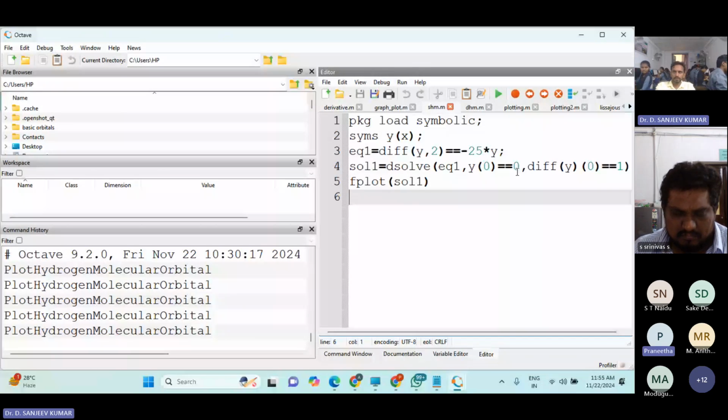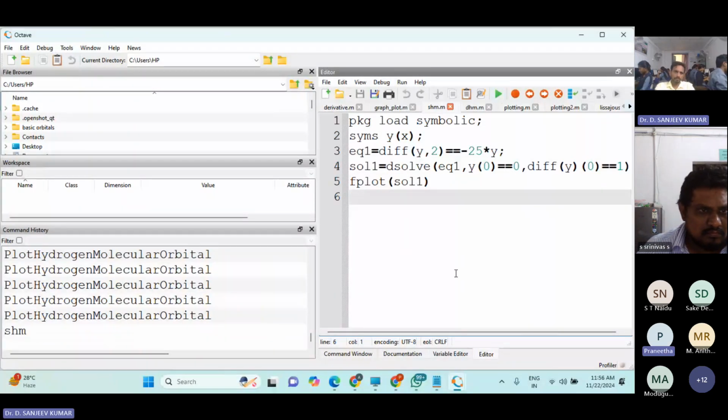So if I run the program, I'll get a sine wave as a solution.